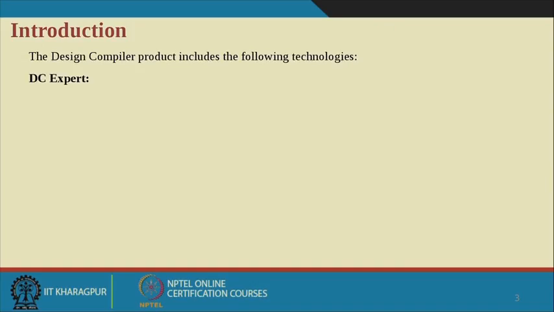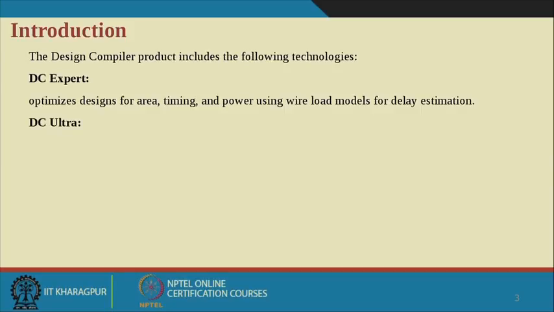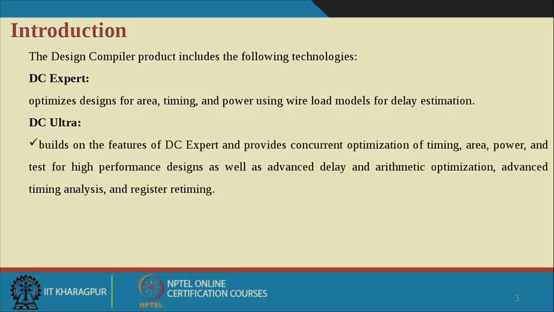In the next slide, as I said, design compiler is a product of Synopsys. Design compiler basically provides some other features. They are DC Expert, DC Ultra, and then design compiler graphical and design compiler in topographical mode.